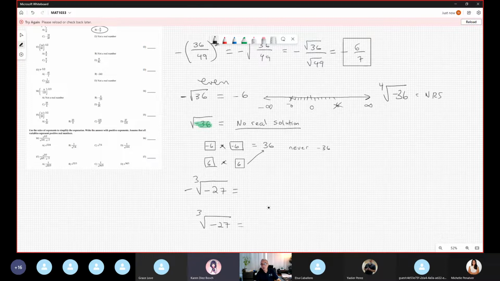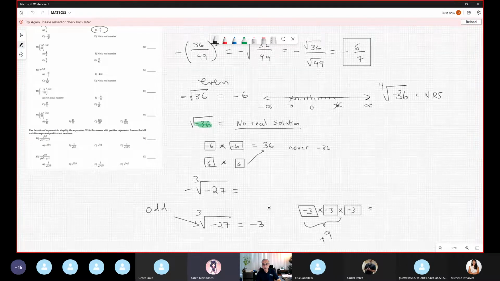However, when the index is odd, pay attention. Let me solve this first. The answer is negative 3. Why negative 3? Because the idea behind this cube root is a number that you multiply by itself 3 times: minus 3, minus 3, minus 3. Minus 3 times minus 3 is 9 positive, and 9 positive times minus 3 is minus 27.